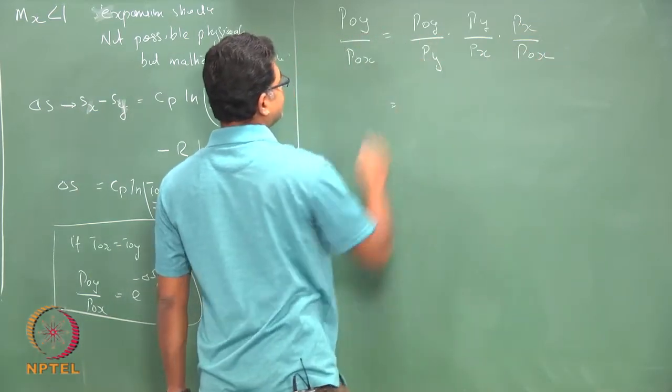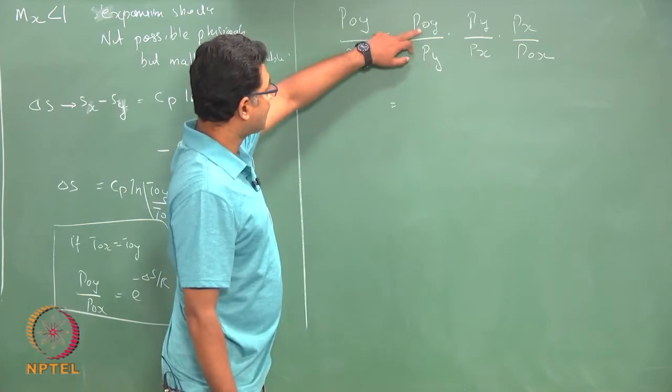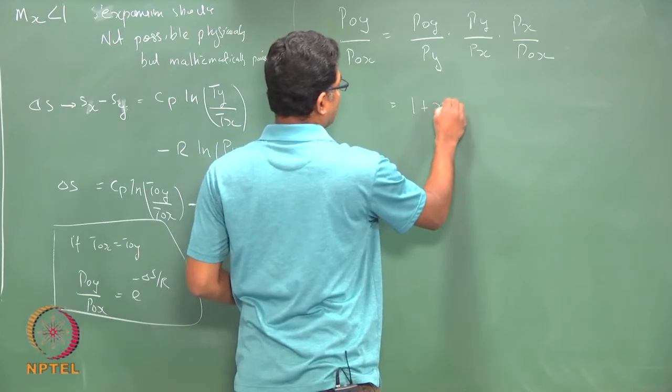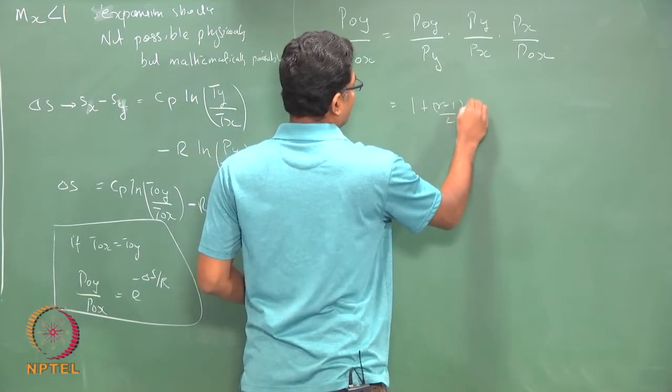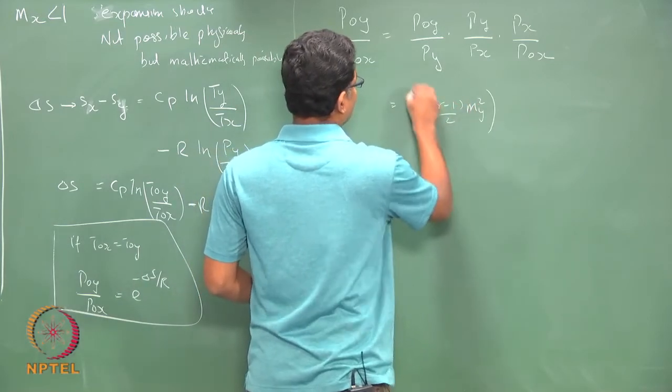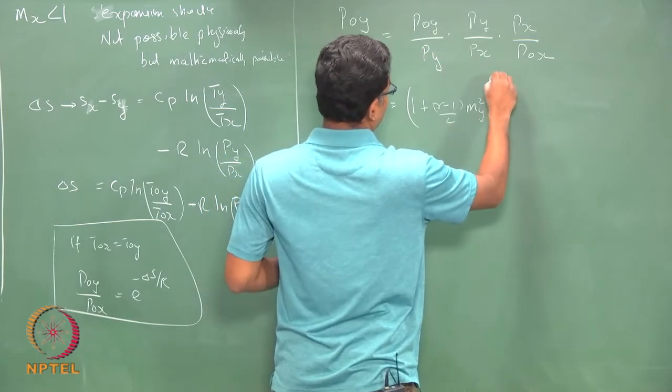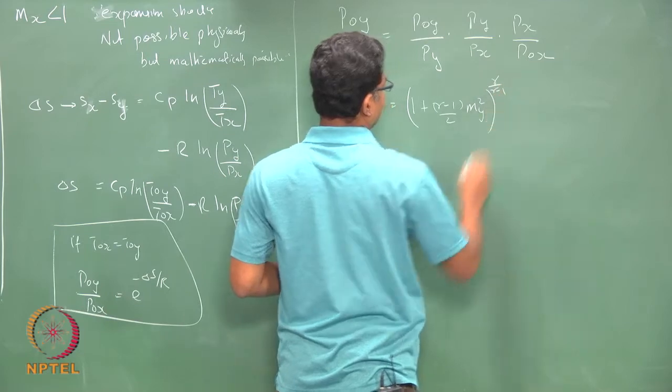So, this is an isentropic process. This is the stagnation state associated with y. So, that would be 1 plus gamma minus 1 by 2 My square to the power gamma by gamma minus 1.